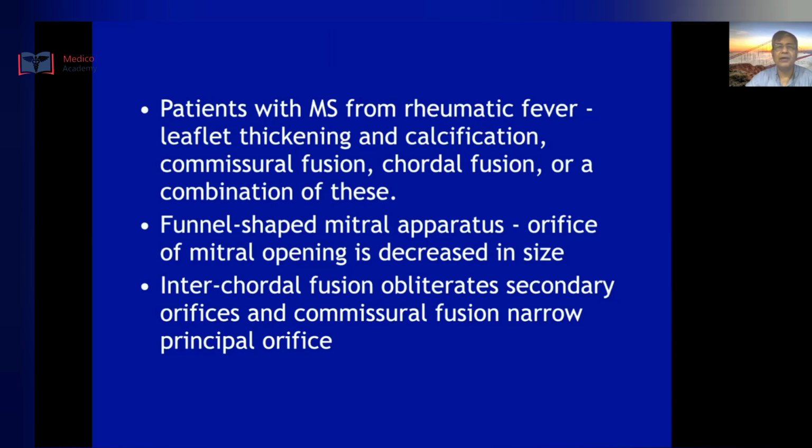The shape of the mitral valve apparatus becomes funnel shaped, and the orifice of the mitral opening is decreased in size. When interchordal fusion is there, it also obliterates the secondary orifices of the mitral valve, while the commissural fusion, which is the primary lesion in mitral stenosis, narrows the principal orifice of the mitral valve.